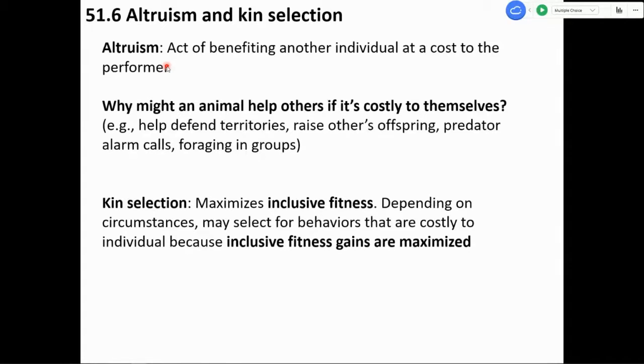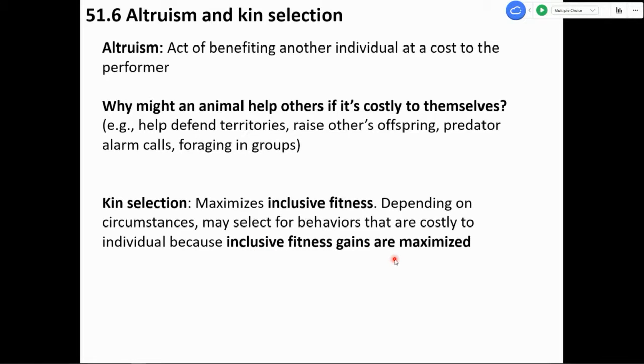You're going out and spending a lot of energy or perhaps risking your life to help another individual, and that doesn't seem like it should be selectively advantageous, because you want to maximize your own fitness, not somebody else's, right? The theory behind this is related to so-called kin selection. Kin selection is the concept where you're maximizing inclusive fitness. So depending upon circumstances, it may select for behaviors that are costly to individuals when inclusive fitness gains are maximized.